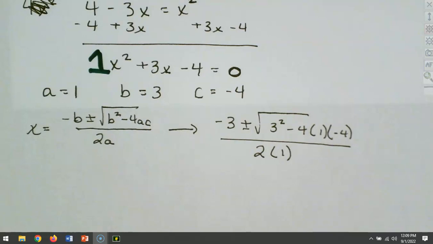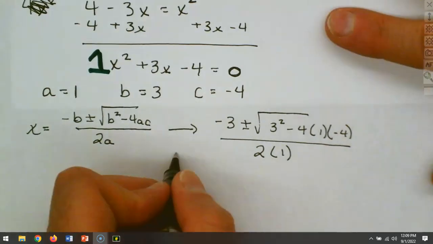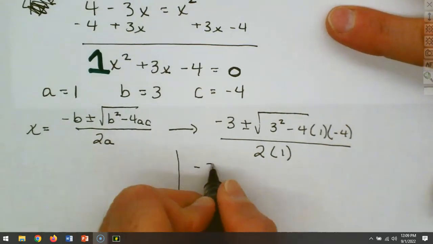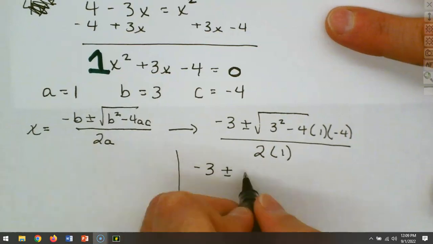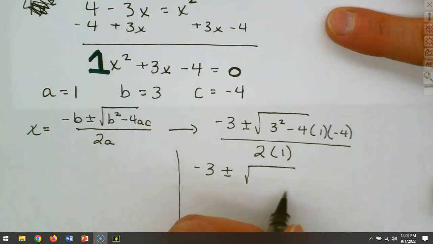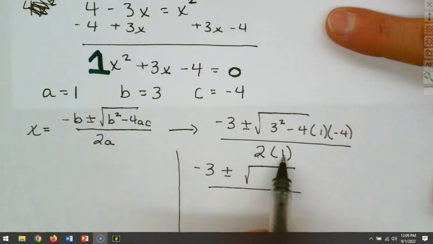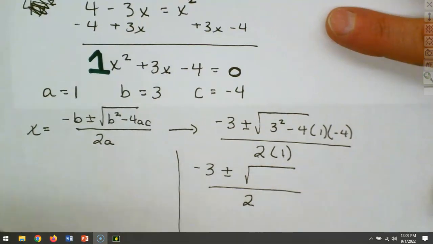So we've got this. We're going to work it out and see what we've got. So that's a minus 3 plus or minus the square root. We'll deal with that in a moment. 2 times 1, that's a 2.